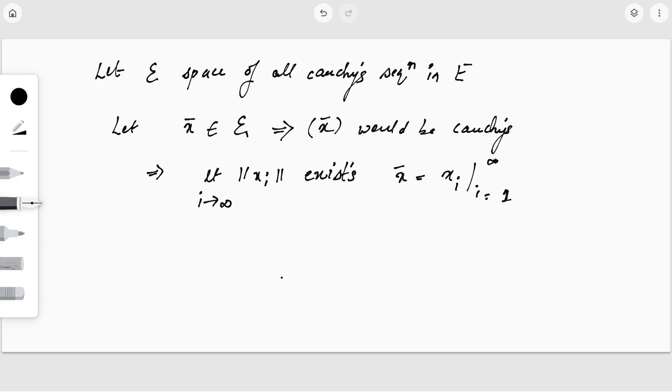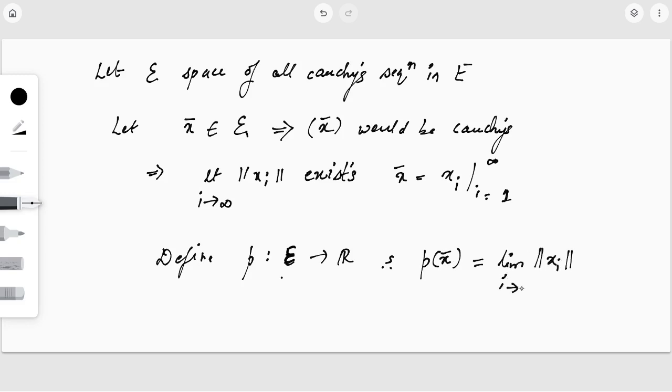Now with the help of this limiting value, we are going to define a function. Define P from script T to R such that P of x cap, that is, for any Cauchy sequence, will be the limit of the norms of that Cauchy sequence.